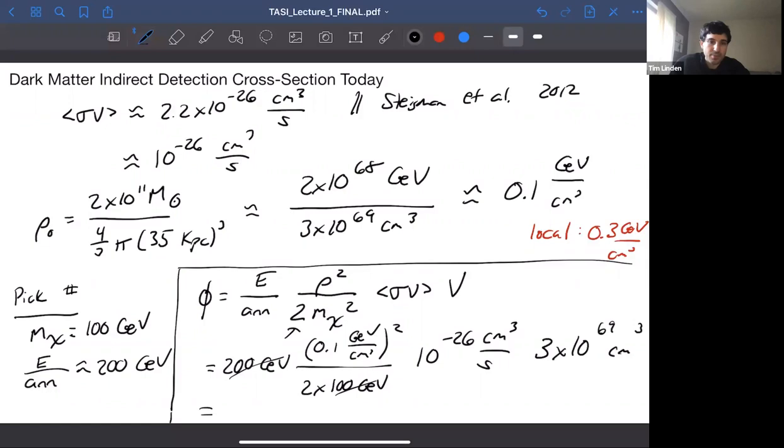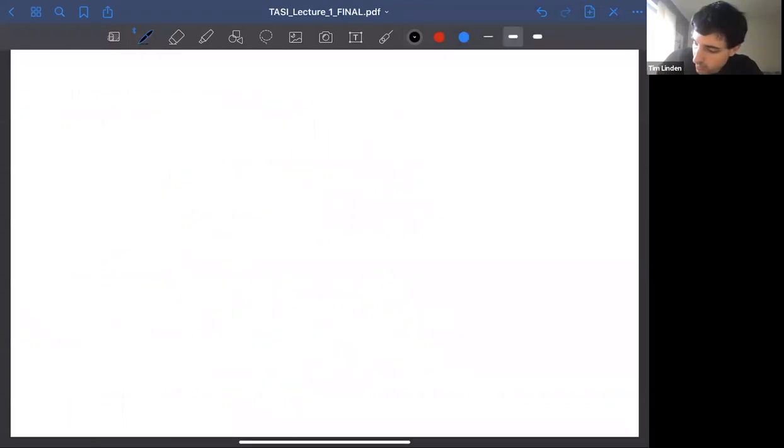If I calculate it out, I need to multiply by 20. It is 3 times 10 to the 39. If I calculate all my units correctly, this GeV squared cancels that GeV squared, the centimeter cubed cancels that, and that leaves per second. So this is 3 times 10 to the 39 GeV per second.